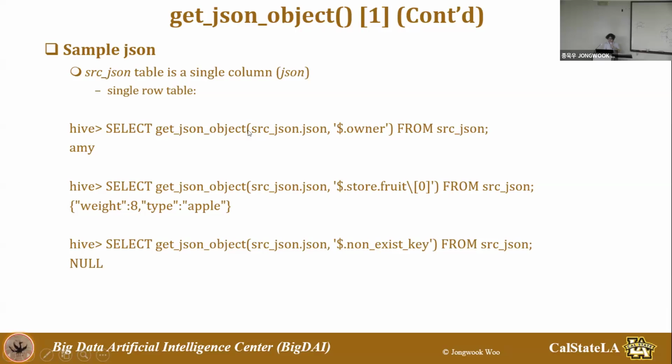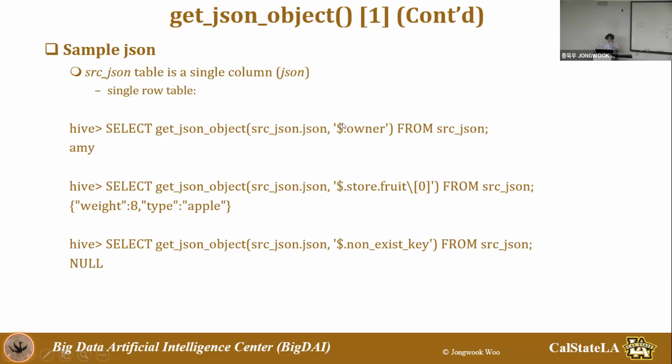But if you want, you can also repeat calling the table name, then the column name JSON. Because you have only one column JSON, again, you don't even need to put the name of a table because the table name is already mentioned here. And then now the second parameter should be the syntax to drill down and find out the element.